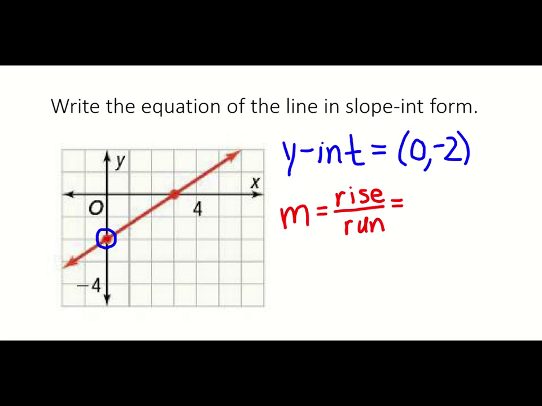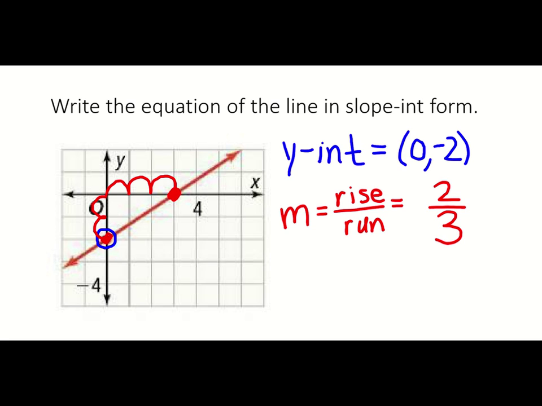I'm going to use my y-intercept, and I'm going to use this other distinct point, and I'm going to count how much I rise and how much I run. So we go up 1, 2 units, so that would be 2 units we rise. And then I run to the right 1, 2, 3 units. So the slope of this line is 2/3.